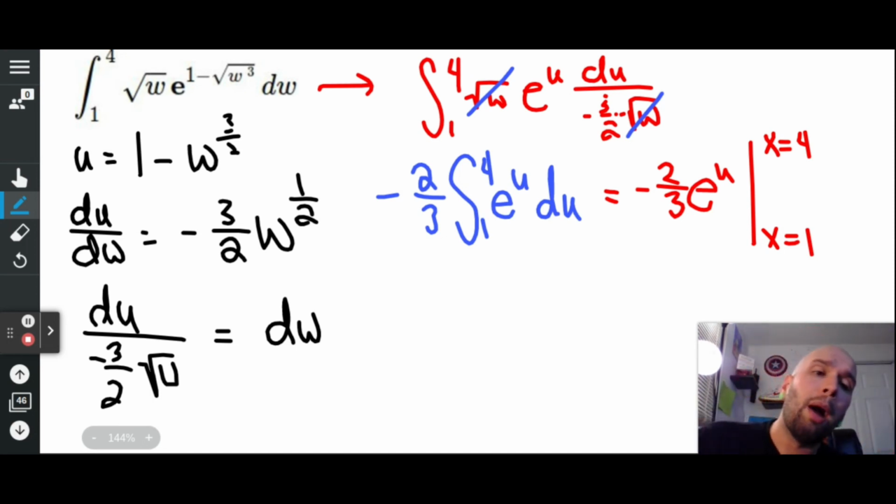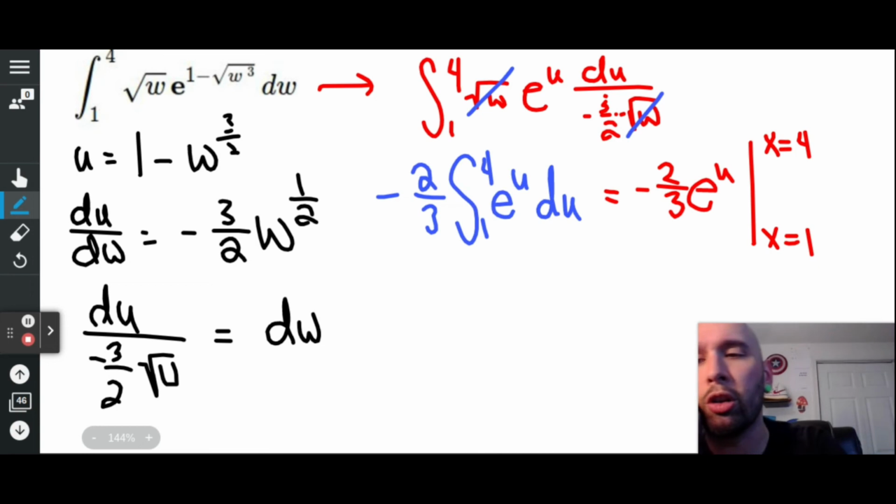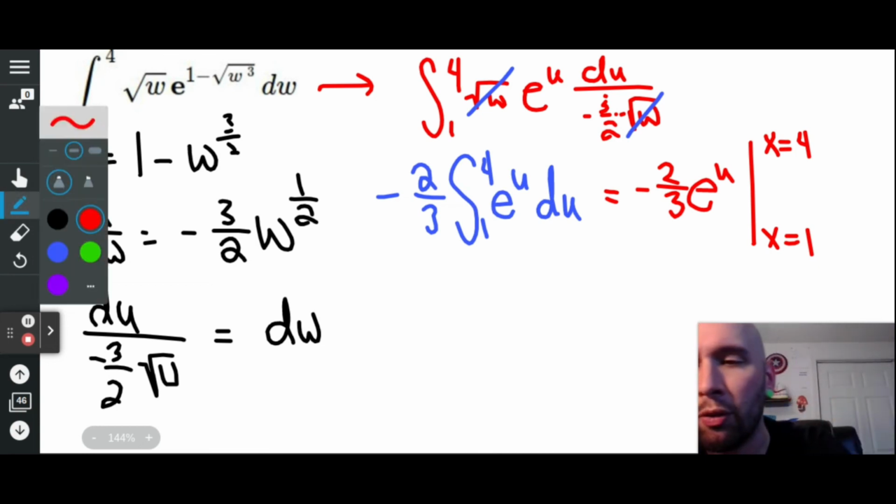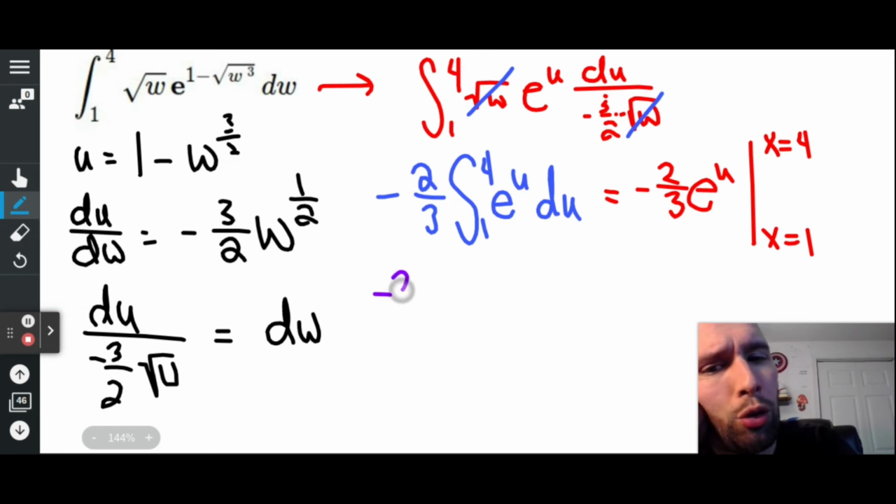So I have to remind myself to plug in what u originally was back into the original equation before I start plugging in my limits. So I have negative 2/3 e to the 1 minus square root of w cubed, with my limits of integration being 4 and 1.